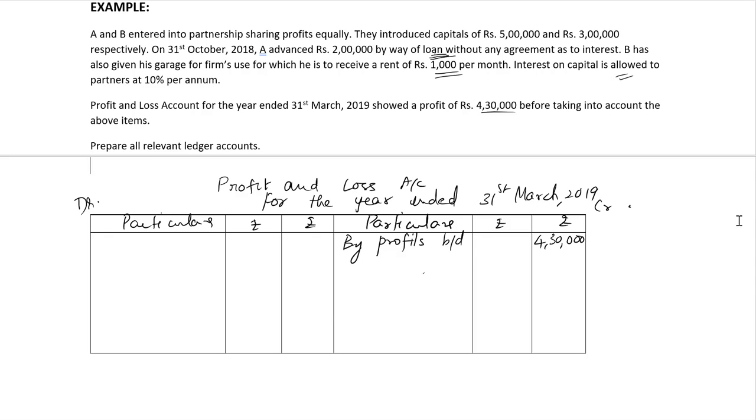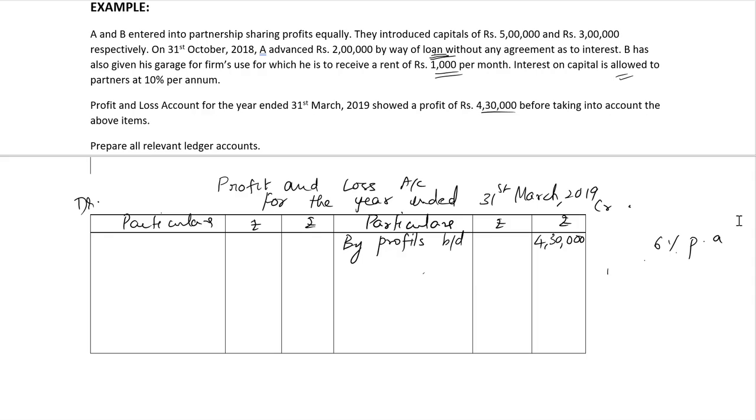Next, A has advanced 2 lakh by way of loan without any agreement as to interest. Since there is absence of information, the firm will have to give A interest on loan at 6% per annum. The number of months from 31st October 2018 up to 31st March 2019 is 5 months.